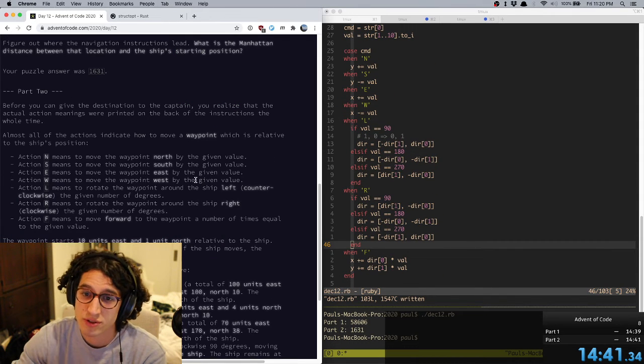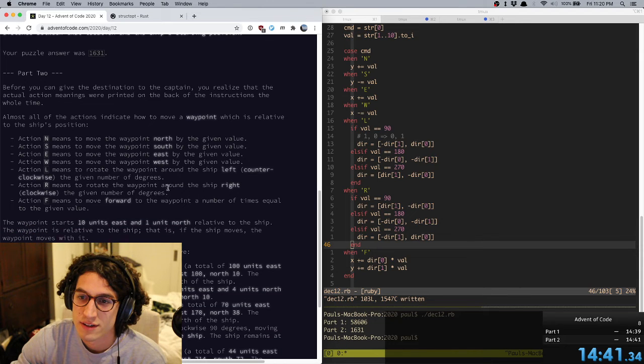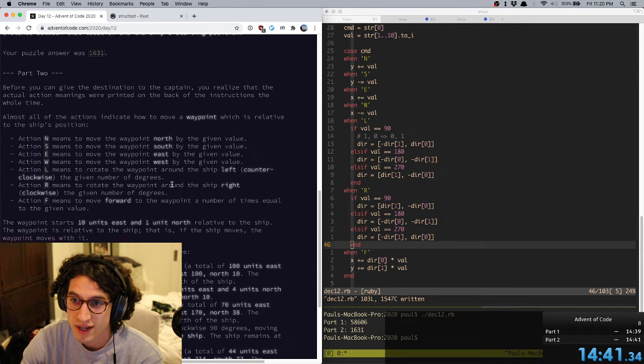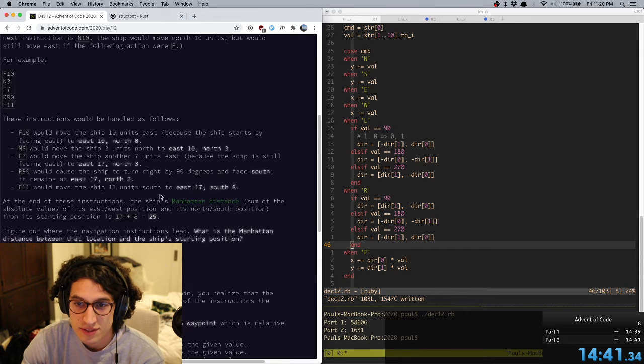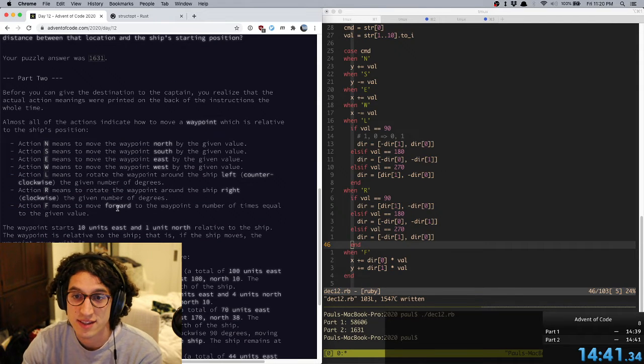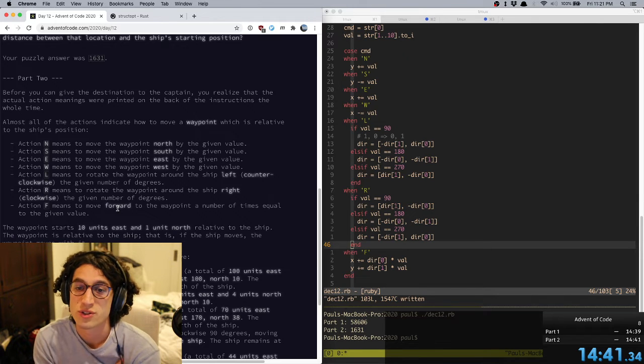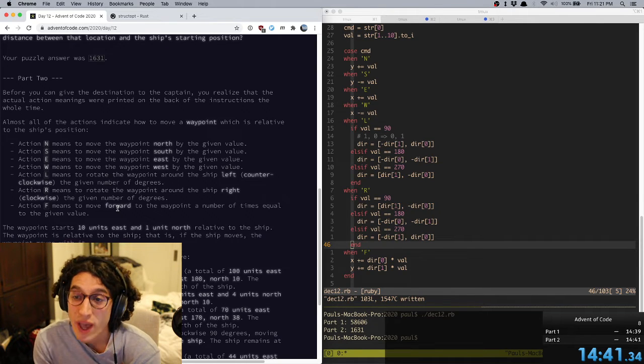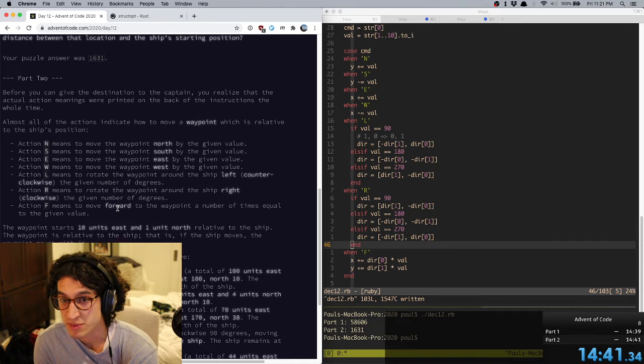So then in part 2, there's a waypoint. And let's finish reading this. Before you can give the destination to the captain, you realize that the actual action meanings were printed on the back of the instructions the whole time. Almost all of the actions indicate how to move a waypoint, which is relative to the ship's position.